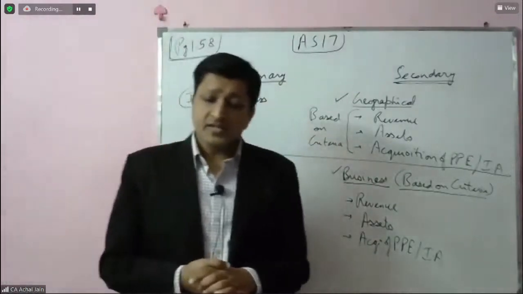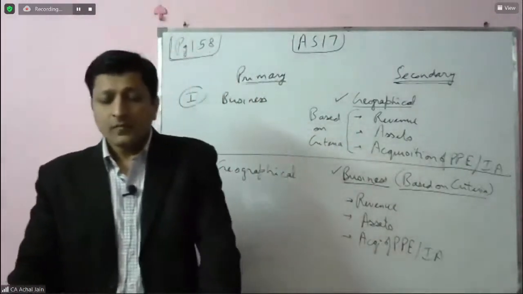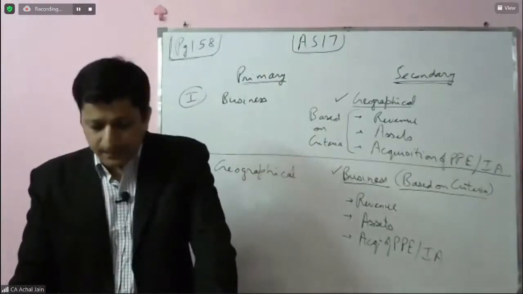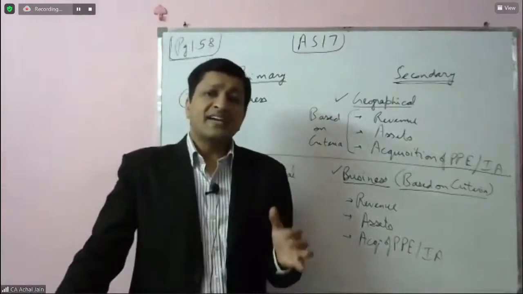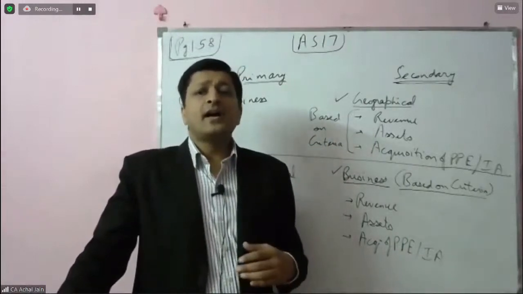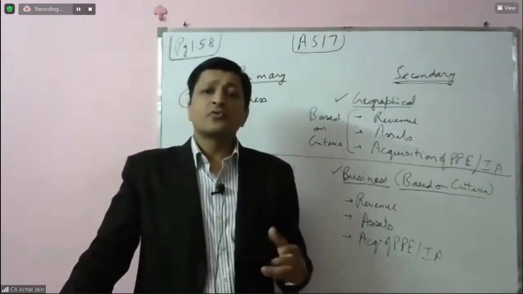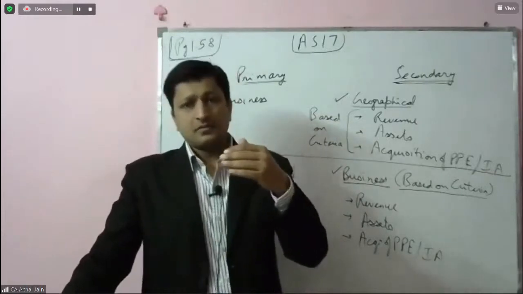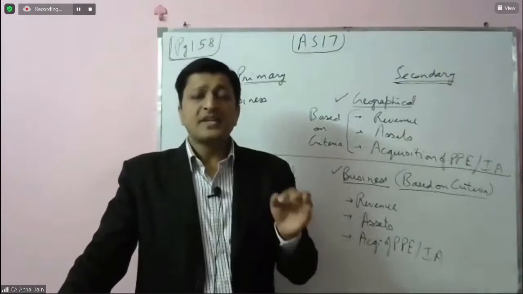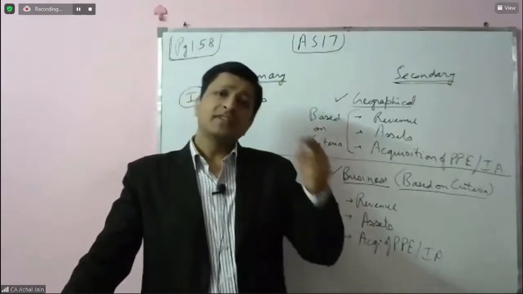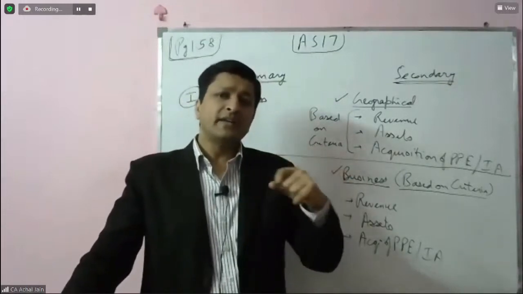Now in this case, standard says that when the segment would have sold something to other segment, so we are talking about inter-segment transfer, means in terms of transactions which have taken place internally within the company.